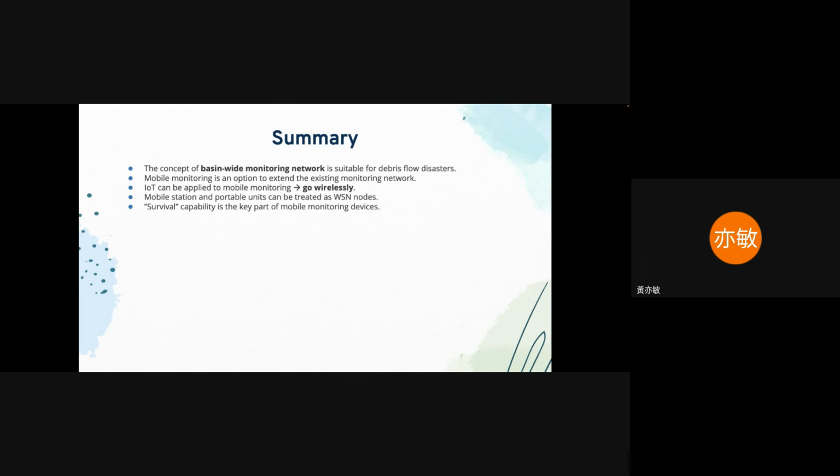So we call it a mobile monitoring network. We can combine the on-site monitoring network with the mobile monitoring network. Combine them all together, and you will fit different needs when you need to face different disasters.